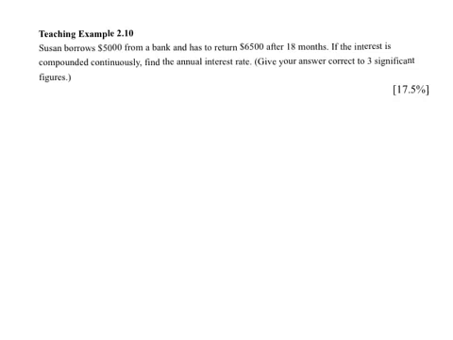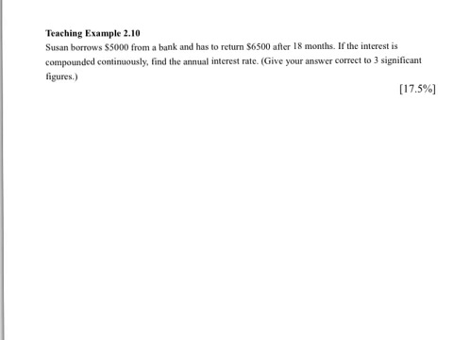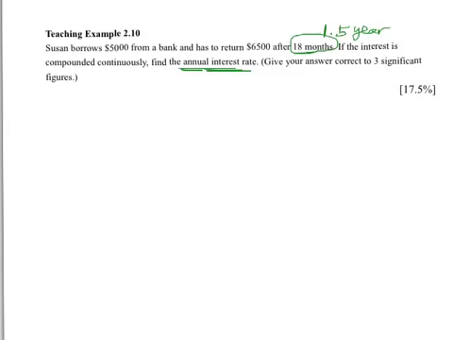According to the question, you are going to find the annual interest rate. And here, the time is not in the same unit, so you have to change it to 1.5 years. Okay, go back to the equation.